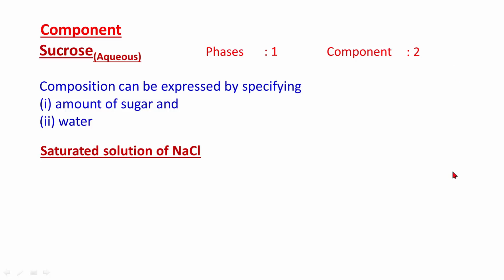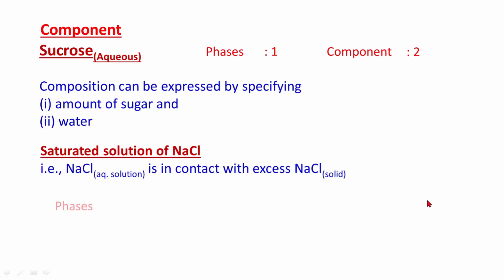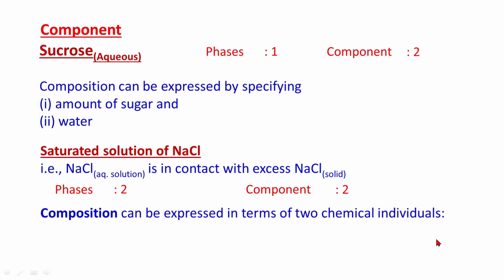Saturated solution of sodium chloride, when solid sodium chloride is in contact with sodium chloride solution. So number of phases in this case is 2 and number of components is 2, as composition can be expressed in terms of two chemical individuals, sodium chloride and water.